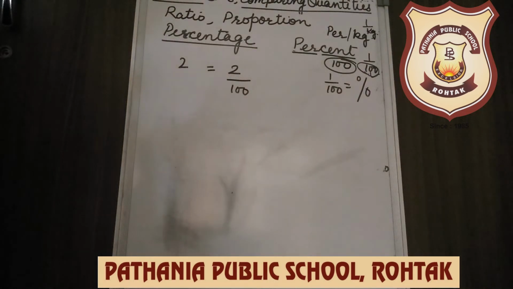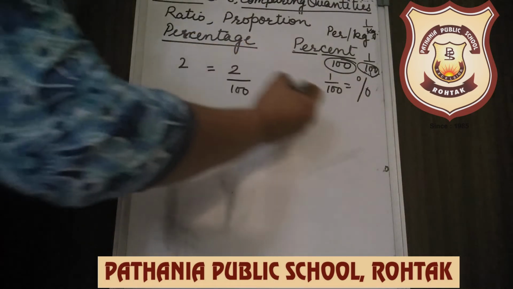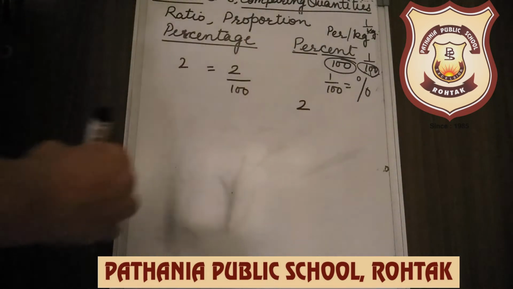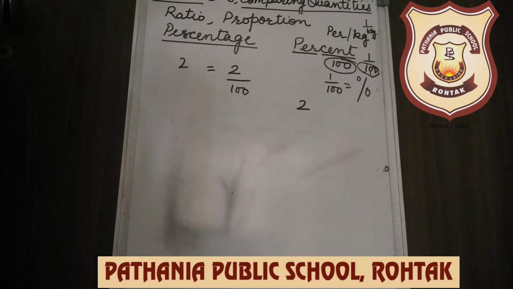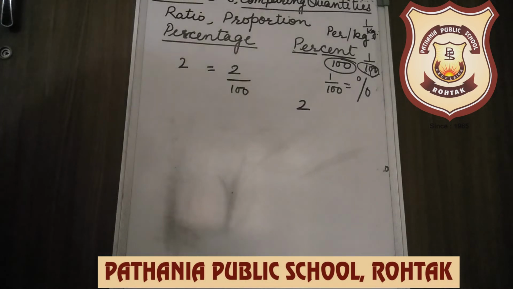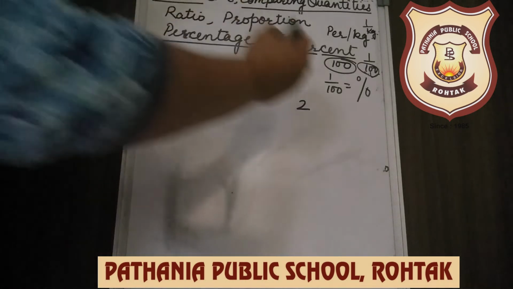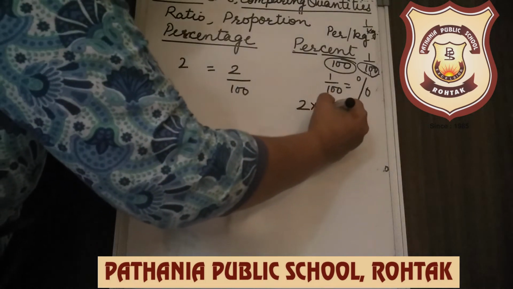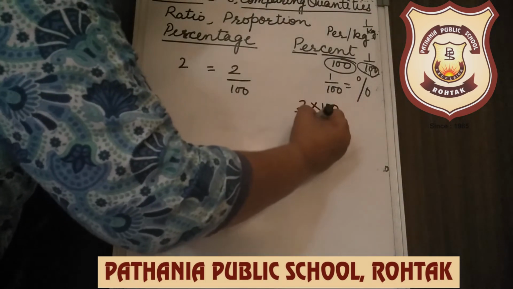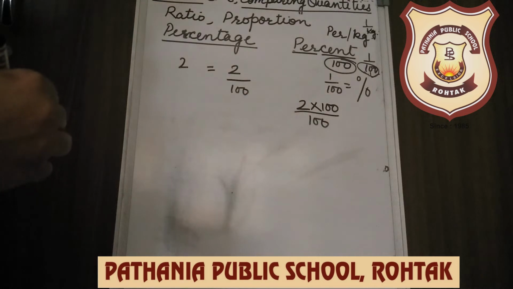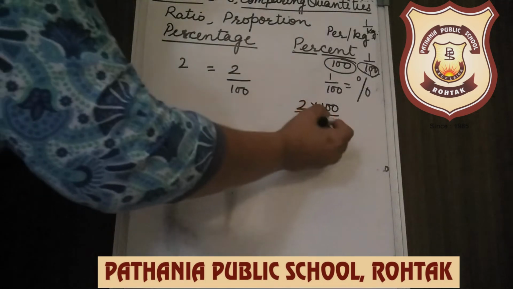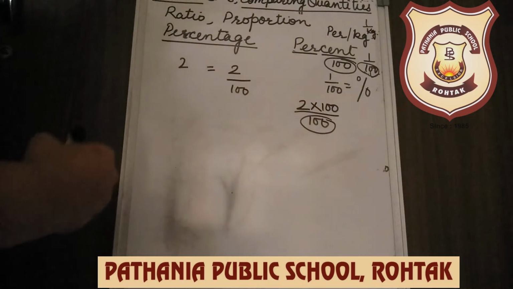So if I have a whole number like this and I have to convert this into a fraction, you should remember your equivalent fractions. How do we write the equivalent fractions? By multiplying the numerator with 100 and the denominator with 100. Is this clear?